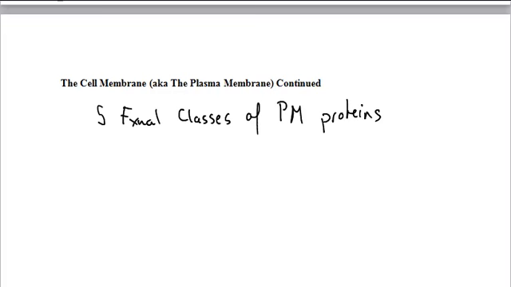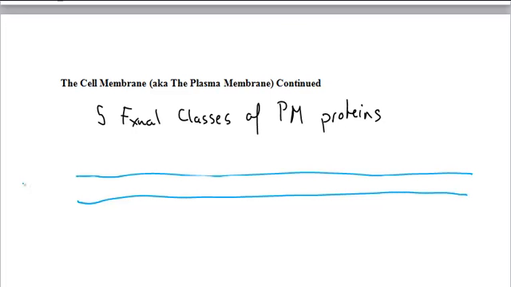So we just represent, as many pictures do, the plasma membrane just as 2 lines. So this is the plasma membrane. We'll call this the extracellular side and the intracellular side. We have, as I said, 5 key functional classes. First one, I'm trying to give you the impression of three-dimensionality.